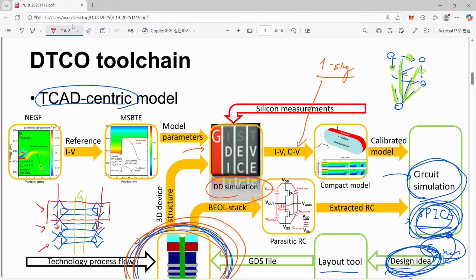In this FinFET, this is the X direction in our usual coordinate, the Y direction, and now this is the Z direction. That was the FinFET layout. However, now what we have is the X direction and the Z direction.